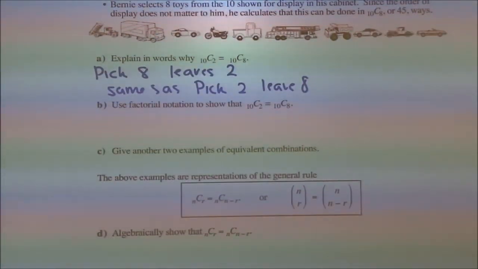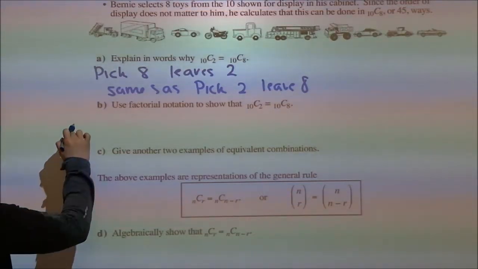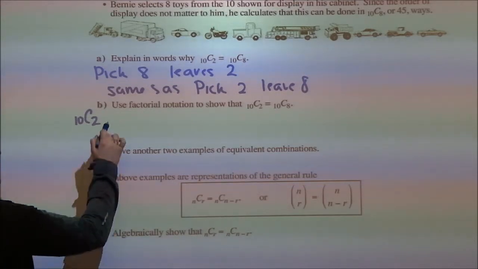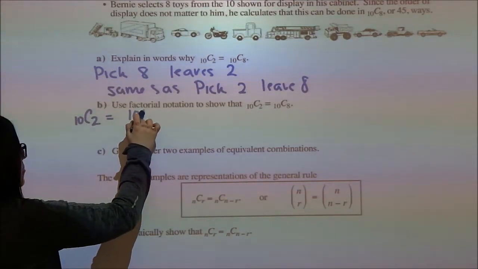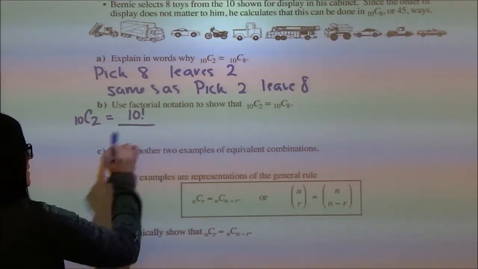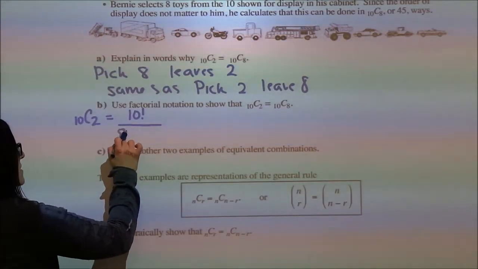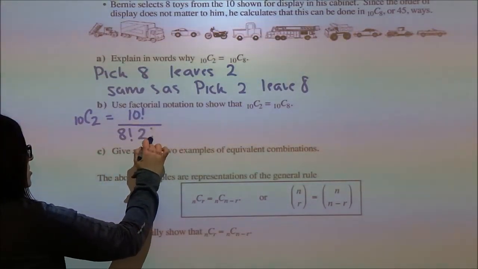Algebraically, let's show it. So 10C2, according to our formula, is equal to n factorial, which is 10 factorial, divided by n minus r, so it's 10 minus 2, 8 factorial, times r factorial, which is 2.